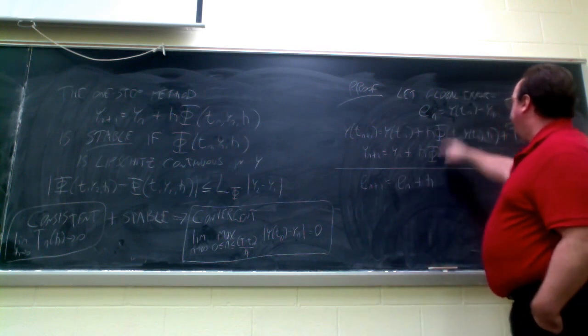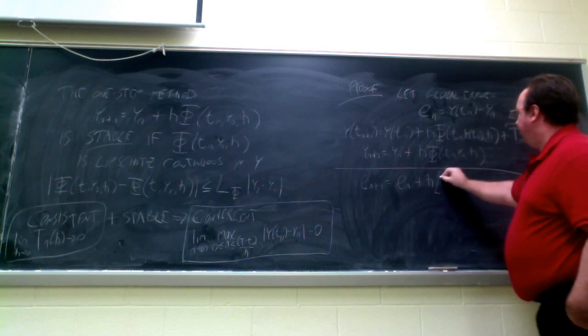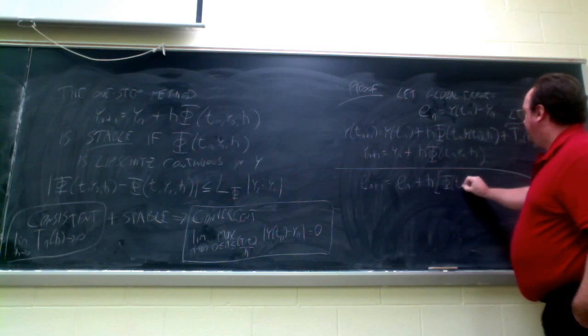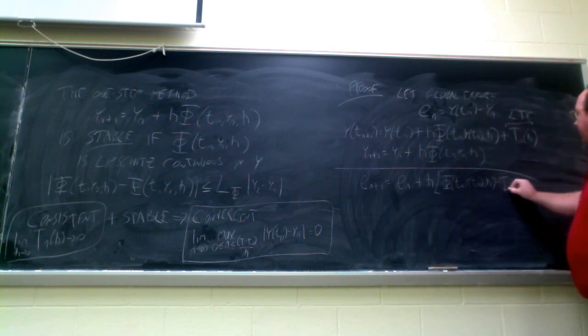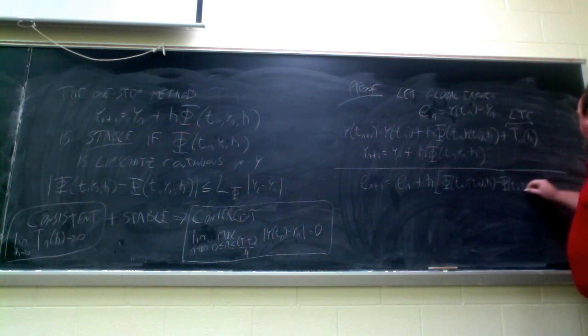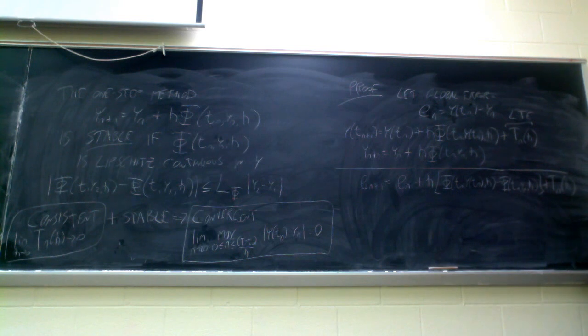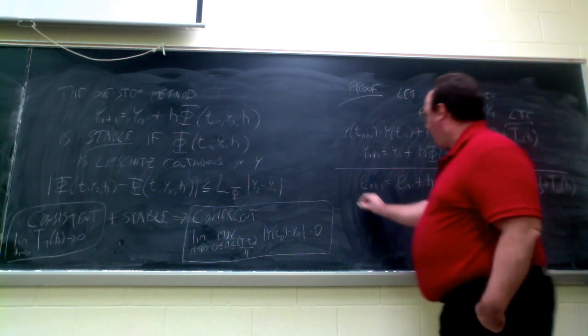And then here I have a difference of phi values. Plus the local truncation error. So then what I can do is I can bound the absolute value.